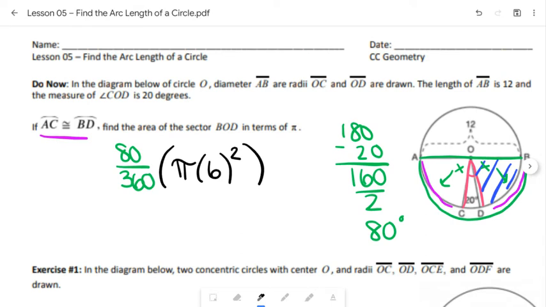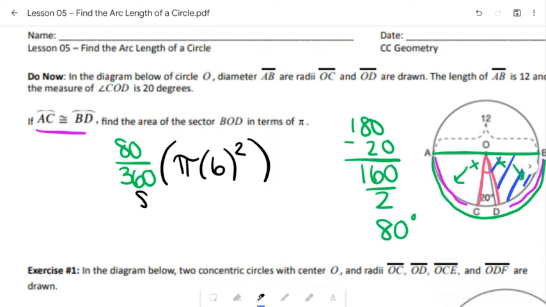Since I'm leaving it in terms of pi, I could simplify this fraction if I choose to, but I know it's going to be times 36 pi. I could just plug that into the calculator to make sure I feel good with that. We end up with 8.